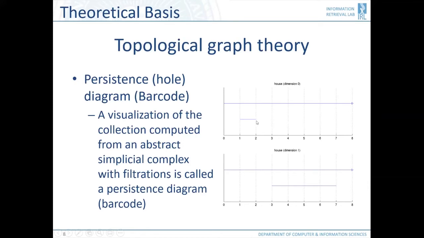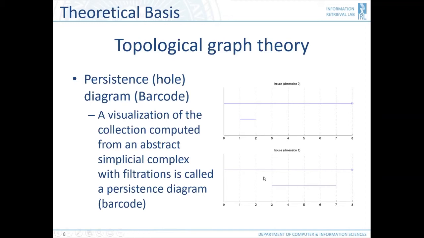But at time 2, edge 3 to 5 appears to connect the point and the square, so the second component disappears. Only one connected component is left, the first one. From this point to the end, no other connected component appears, so only one line is left, going to infinity. That's why the barcode in dimension 0 looks like this.